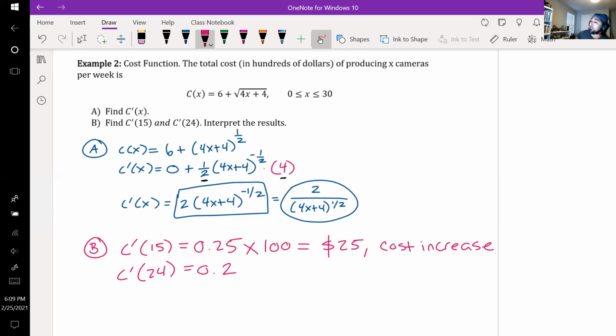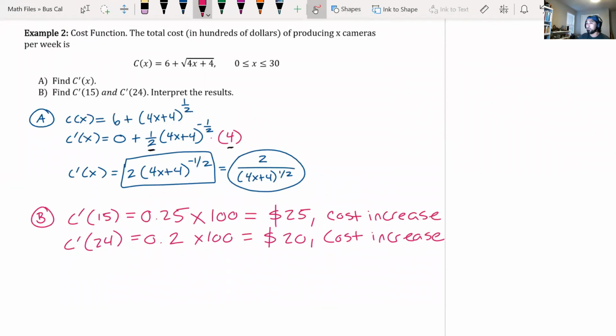And then now, if we produce 24 cameras, cost will only increase by how much? $20. And that's it. Okay.